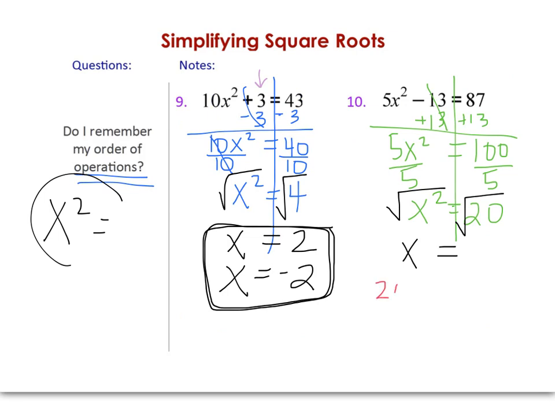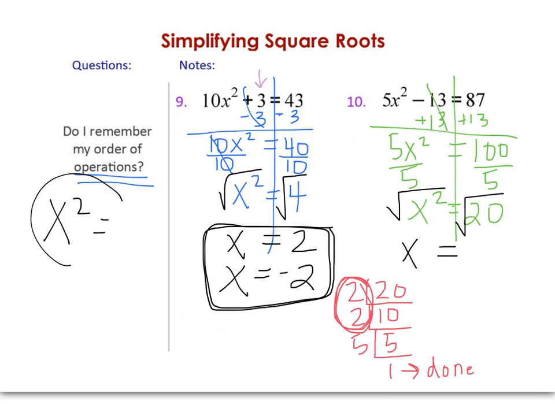So if I think about 20, what's the smallest prime that goes into 20? Well, 2 goes into 20 and gives me 10. 2 goes into 10 and gives me 5. 5 goes into 5 and gives me 1. When I get to 1, I know I'm done. So I have one pair on my outside.